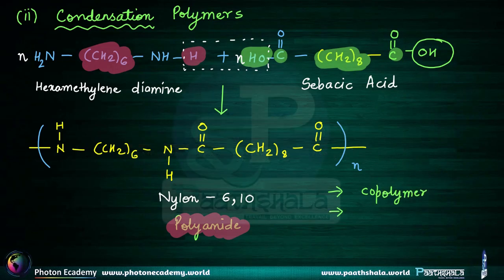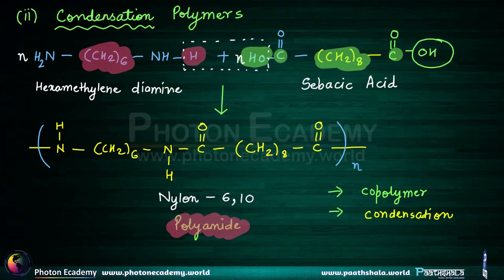Next, if we are asked whether it is an addition or a condensation polymer, it is a condensation polymer, and that is because there is a removal of a water molecule. Next, if we are asked whether it is a linear or a branched polymer, we call this a linear polymer, but there is cross-linking happening and there is a development of H bonding that you can see over here.